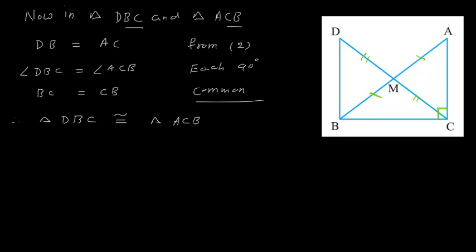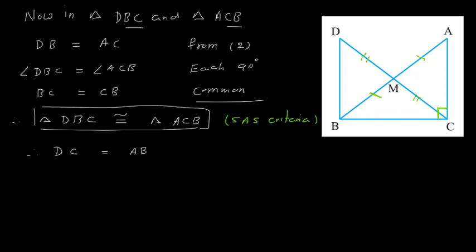Which criteria are we using? We are using side angle side criteria. Now these two triangles are congruent, therefore corresponding sides, that is DC will be equal to side AB. Now this is our third part we have proved, and fourth part is, actually if we have more parts to prove, we can put them in brackets, so that we know what we have to prove.